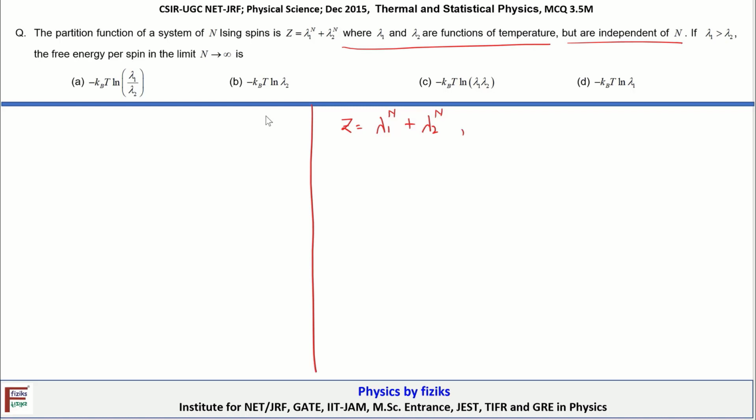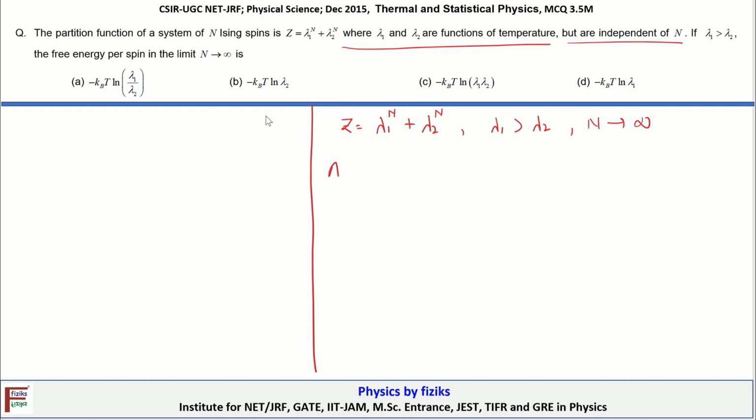If it's given that lambda 1 is greater than lambda 2, the free energy per spin in the limit when n approaches infinity is given as, okay, so here what we are going to do is, as we did in the previous question, connect the partition function with the Helmholtz energy.